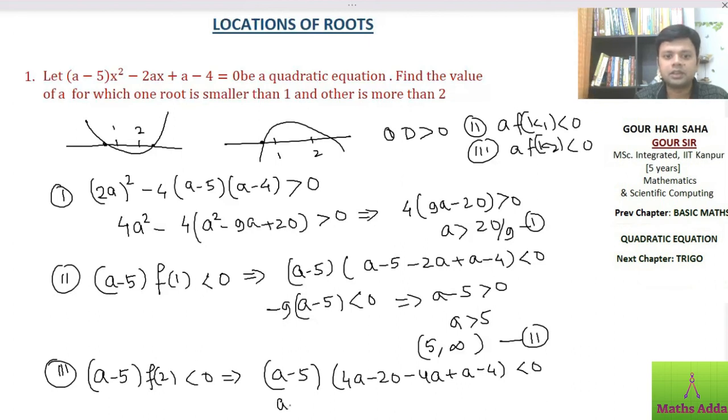This is a minus 5 and this is a minus 24 less than 0. So it is a sign scheme question. How can we do that? We will plot number line and then apply sign scheme. So let's do it.